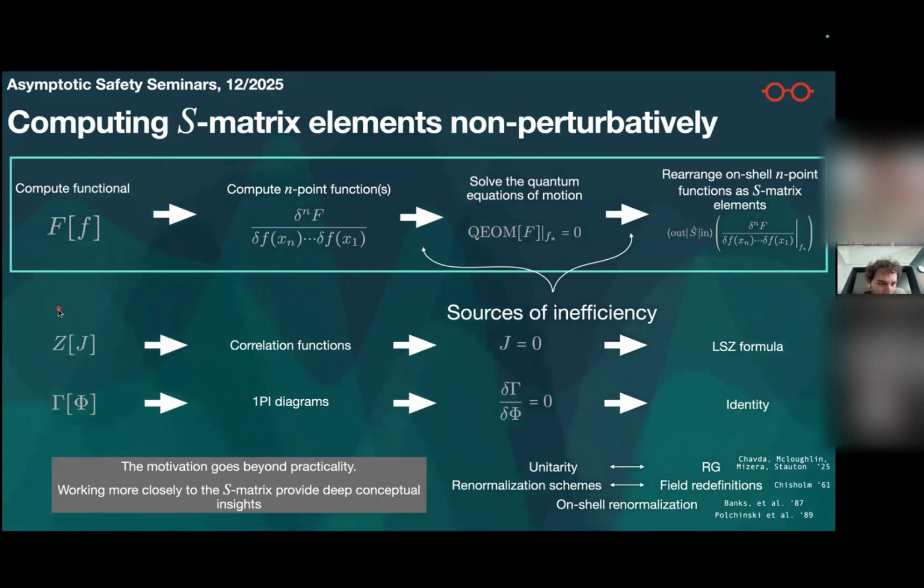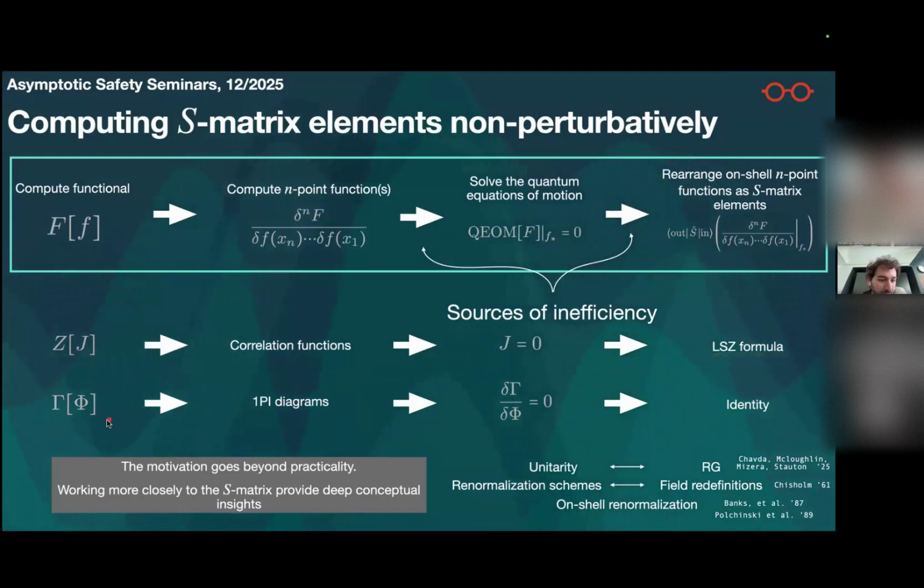Suppose that the functional that I focus on is the partition function, Z of J. Then my n-point functions are just correlation functions. Then the quantum equation of motion is just setting my source to 0. So in this case, this is just trivial. And then the way I go to S-matrix elements from my correlation functions is by using the LSZ formula. So even though the LSZ formula is not too bad, I still have this extra step.